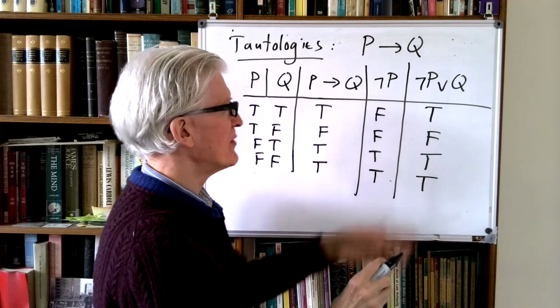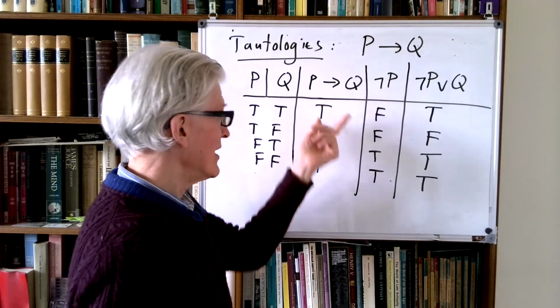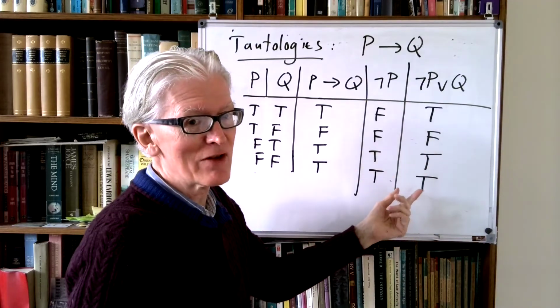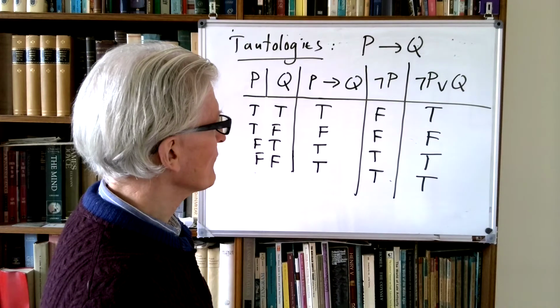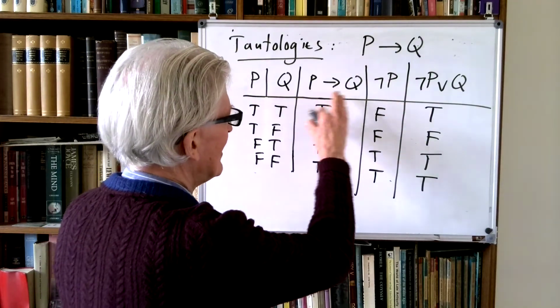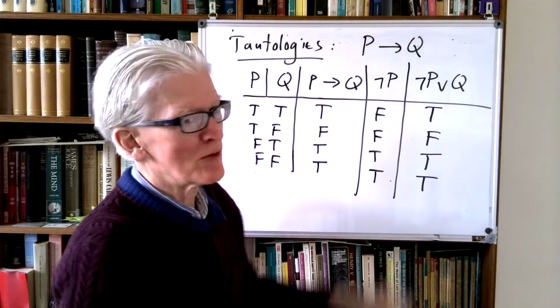So we see that not P or Q is equivalent to P arrows Q. It has the same distribution of T's and F's on the different lines of the truth table here. So we can deduce from this that P arrows Q can be expressed using not P or Q.